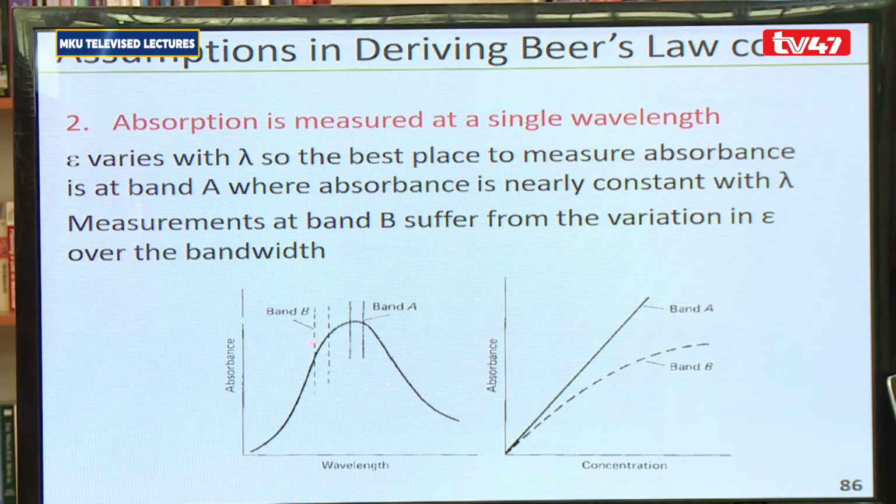At band A, as the wavelength changes, the absorbance remains relatively the same. That's why we determine the absorbance at lambda max, because there the absorbance is not changing significantly as we change the wavelength.